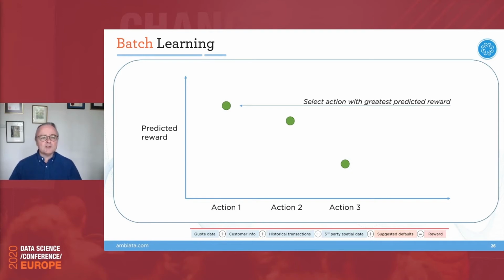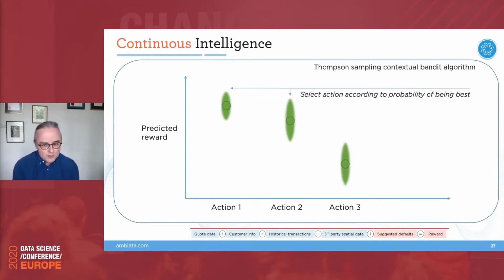Now, in the sorts of continuous intelligence algorithms that we use, they're known as Thompson sampling contextual bandits, and you can look those up. You do something slightly different. These continuous intelligence algorithms model the uncertainties of their predictions, which means that when you're selecting actions, you can select actions not according to whether or not you think one is going to be the biggest, but whether or not there is some chance that it is going to have the best reward.